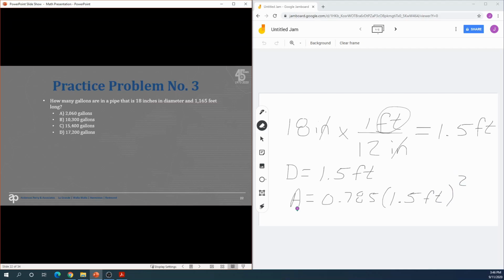This is going to equal 1.5 squared. We're going to do our exponents first. Times 0.785 is equal to 1.76 feet squared.